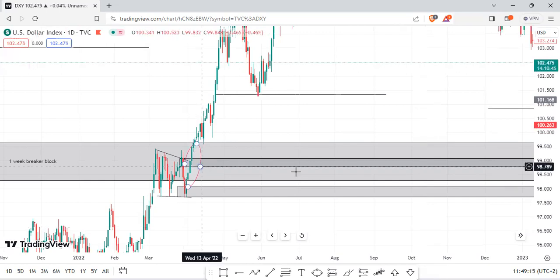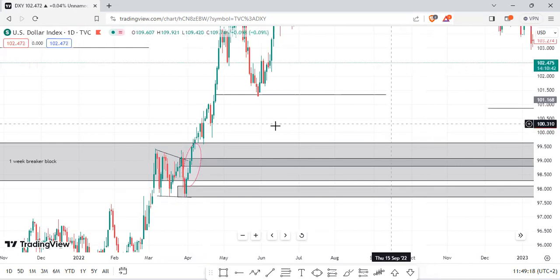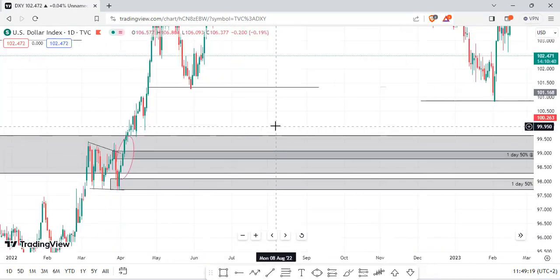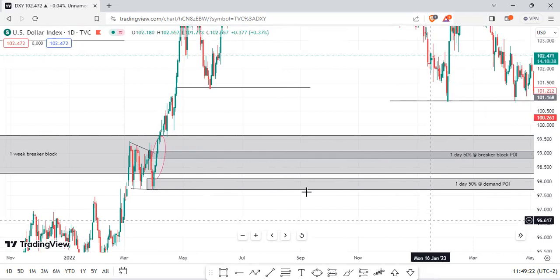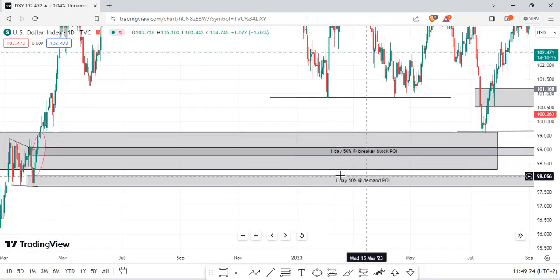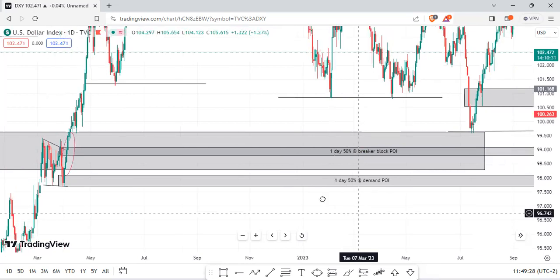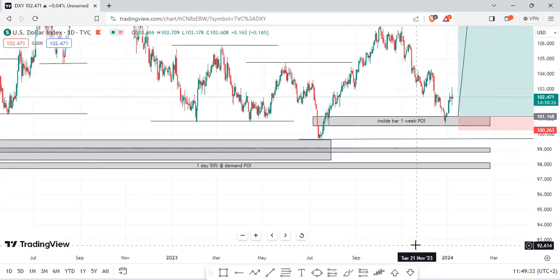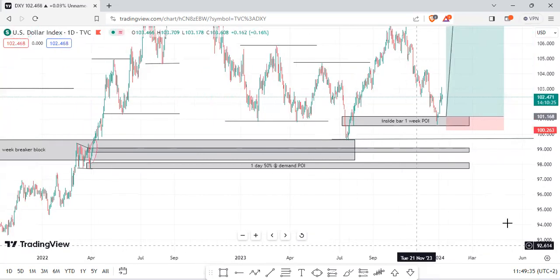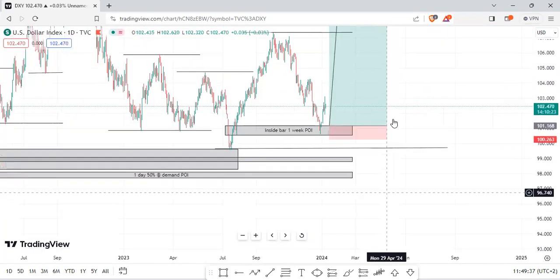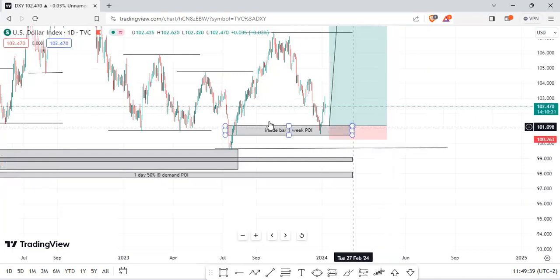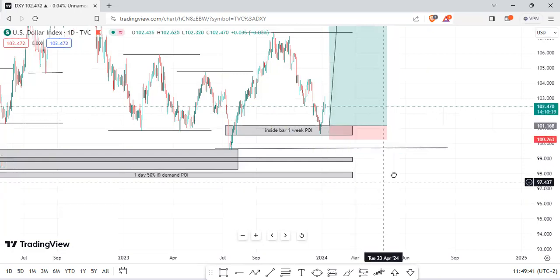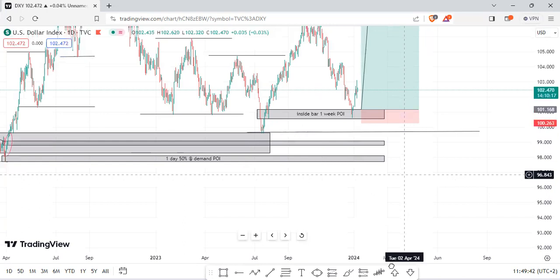These candles here. And then I have a 1 day demand here. I have a 1 day breakup block. Those are my two POIs where I'll be looking to buy the DXY again if the setup happens to fail. But let's wait and see.